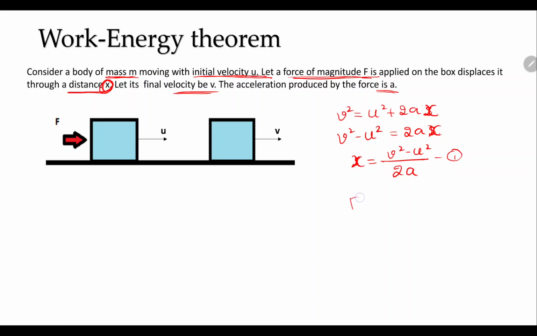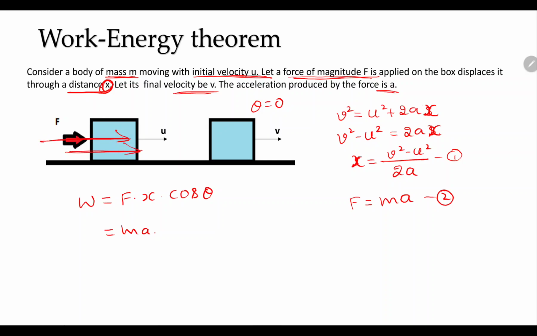Meanwhile, we have the force acting on the object, which is the magnitude of force. If we take the expression for work done, that is force into displacement, force is given by mass into acceleration. Also you can take cos theta; as earlier, theta value is 0 because force is acting in the same direction as the displacement.